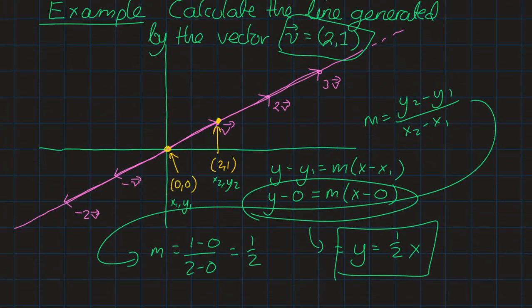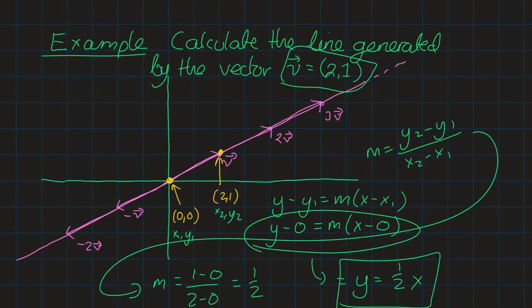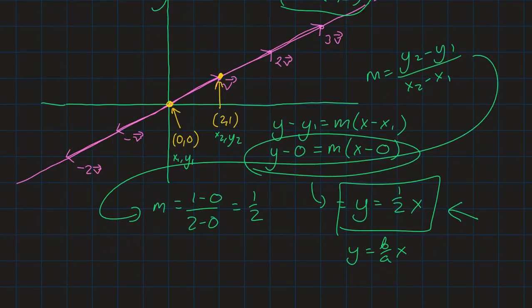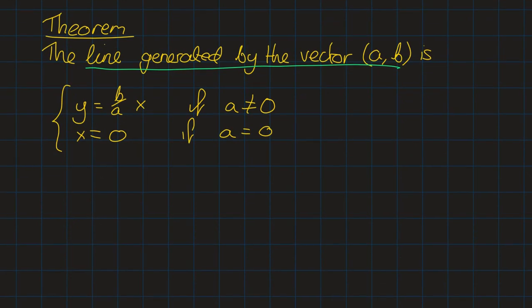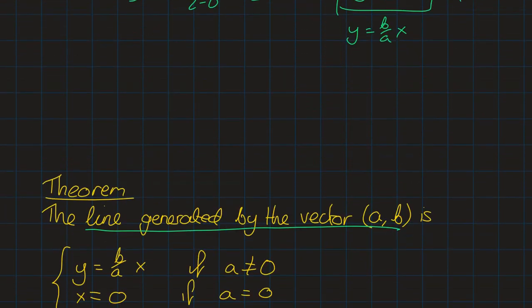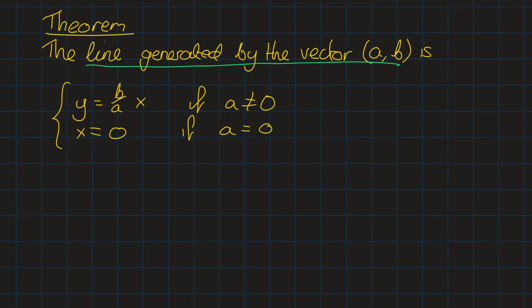This is consistent with what we had up here, because for the line generated by v equals (2, 1), a is 2, b is 1, and the answer I got is y equals (b over a) x, which is 1 over 2 x. So this theorem tells you the equation of the line generated by a vector, so you don't need to do this work here. Not that it's much work, but it's a shortcut to get to the answer.